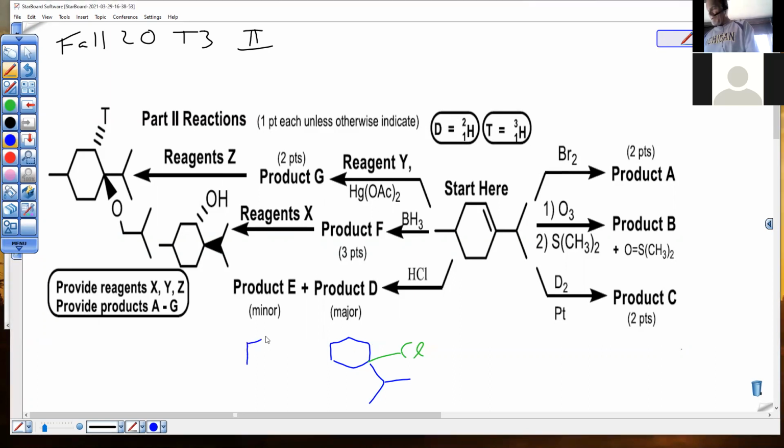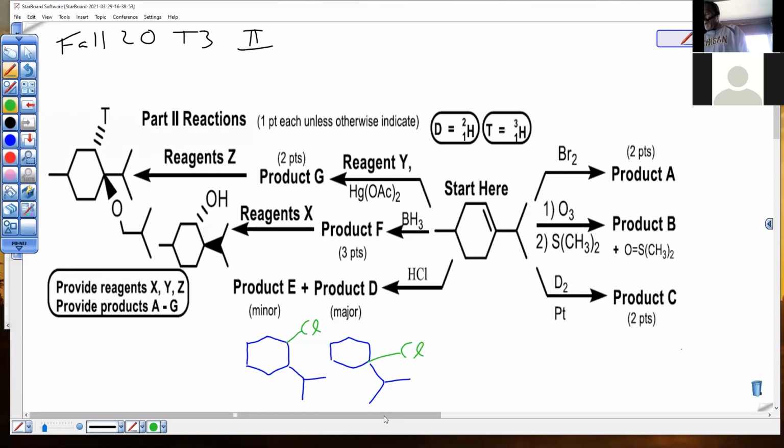And here, the anti-Markovnikov product. The other part of the alkene was here, one away, vicinal to where we put the first chlorine. And there we go. That's D and E, and we're going to do F in a second.